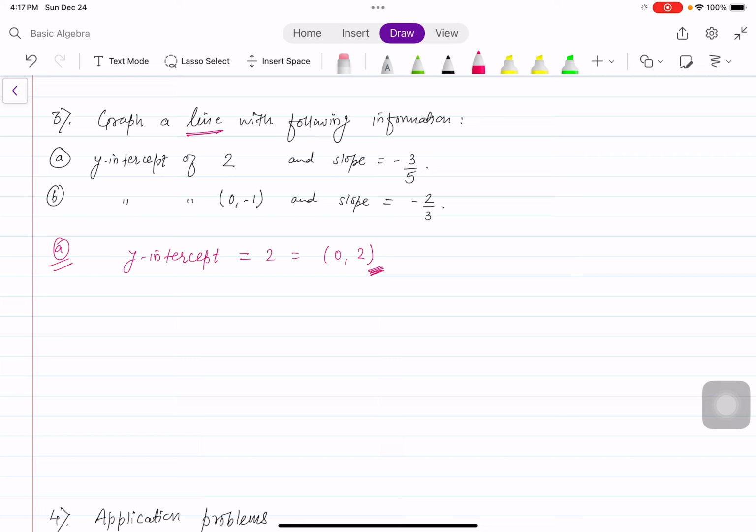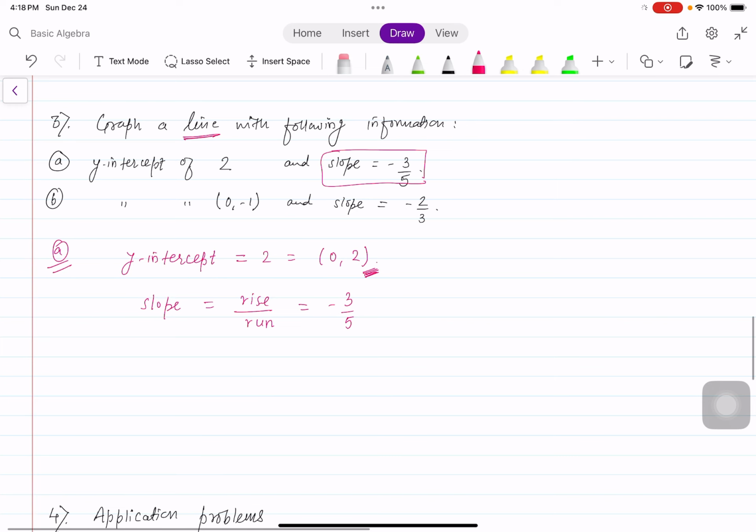Now what else do we know? We know the slope, and slope is always given by rise over run, correct? Rise over run equals -3 over 5. So to draw the graph, we know one of the points, and if we can find another point, we are done.